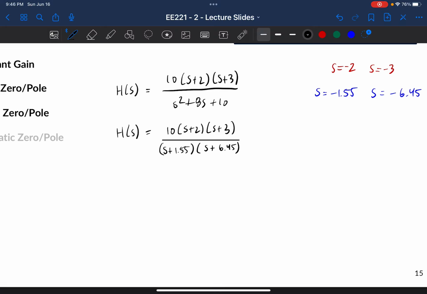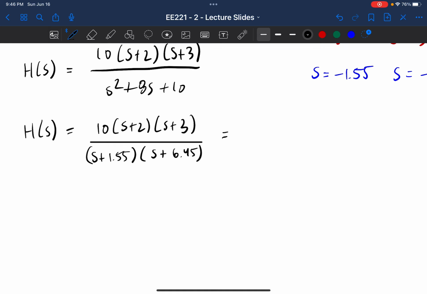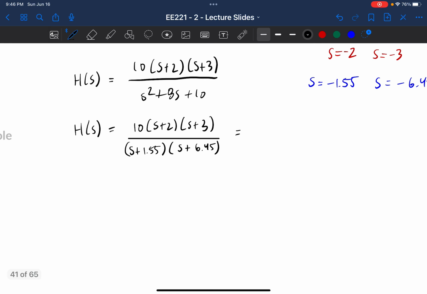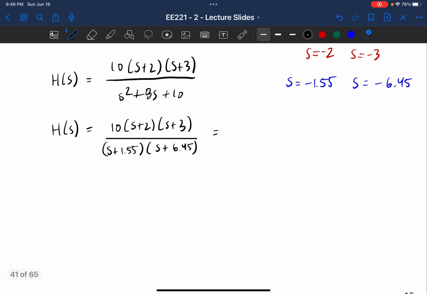From here, I can rewrite this, and now I can factor the value out of each of these terms so that I am left with 1 plus some term in terms of s. So I'm going to write 10 times 2 times 1 plus s over 2.